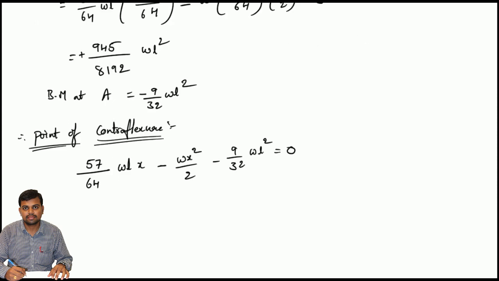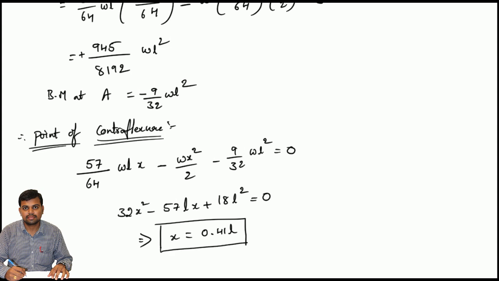So I am separating the x terms: 32 x square minus 57 Lx plus 18L square equal to 0. That implies you will get x equal to 0.41 L. This will be the distance where the point of contraflexure is occurring.